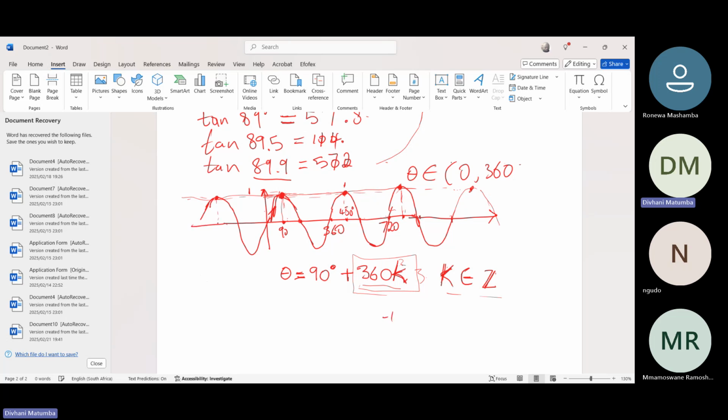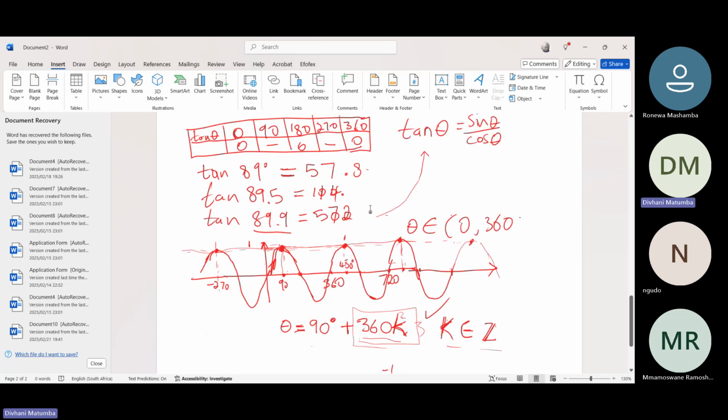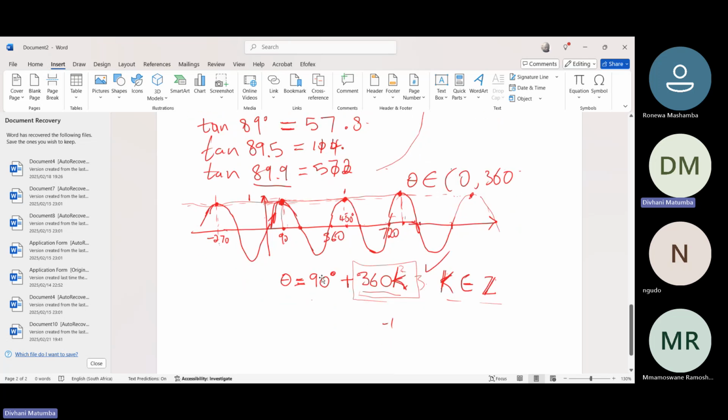If it's -1, 90 minus 360 will give us minus 270. So this is a minus 270. Okay, so that's how we find the general solutions.